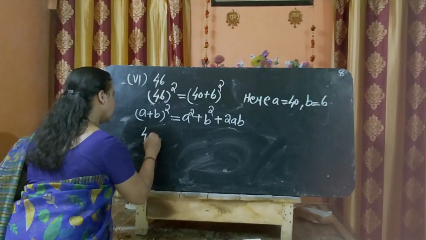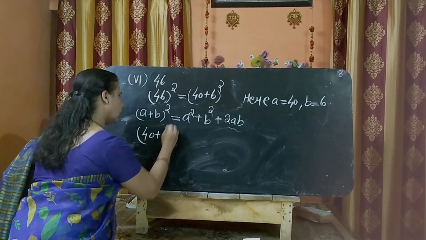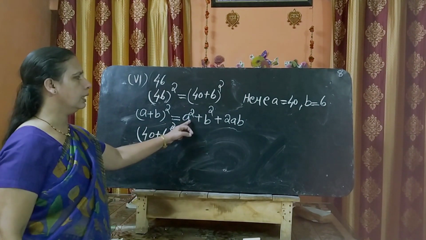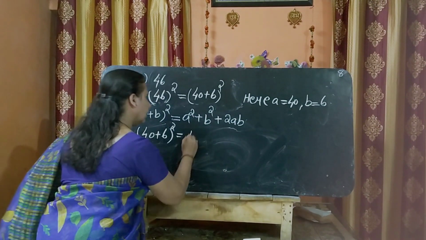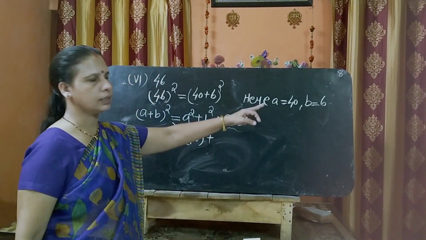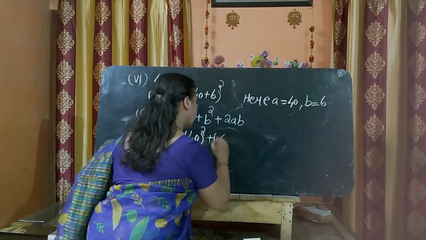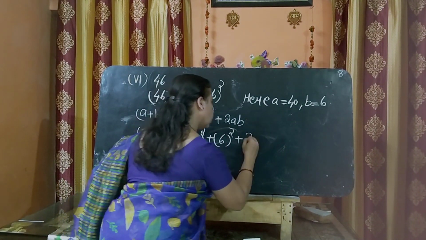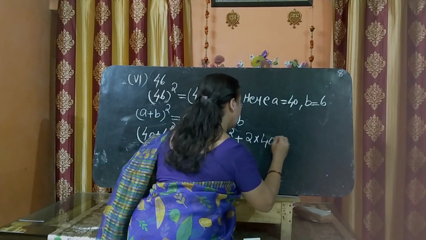Then 40 plus 6 the whole square equals a square, 40 square, plus b square, 6 square, plus 2 into 40 into 6.